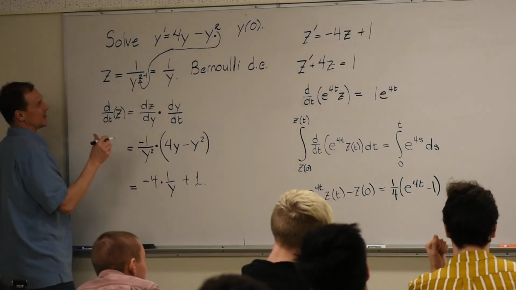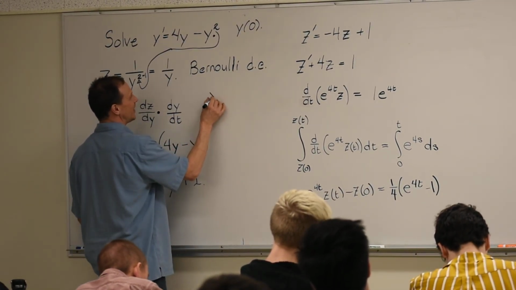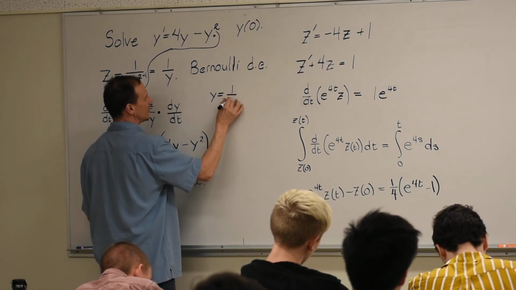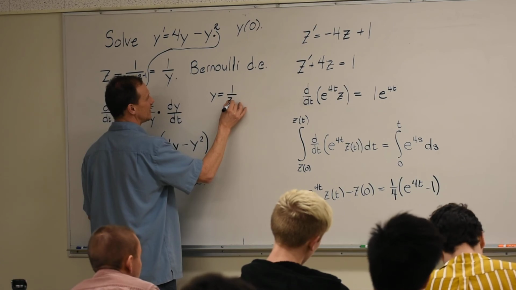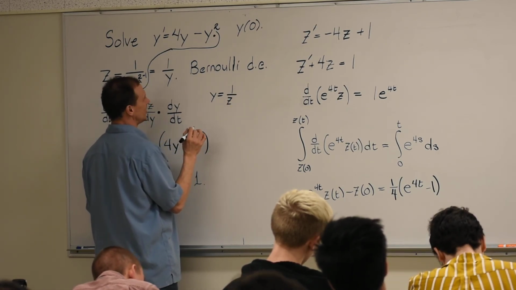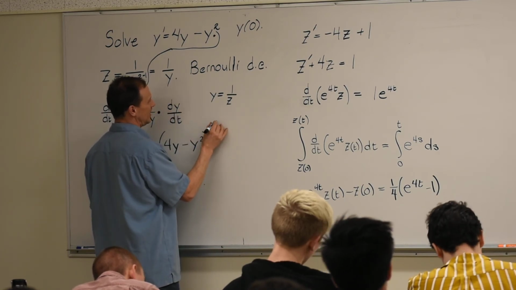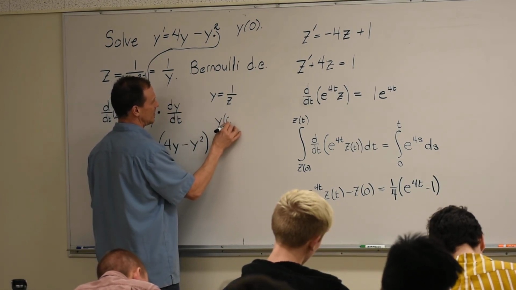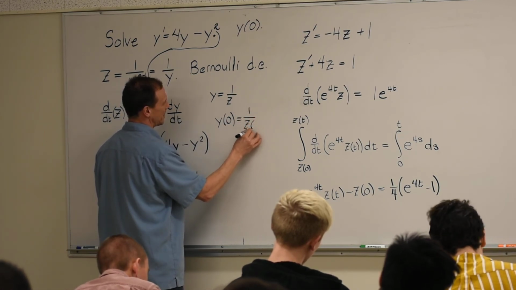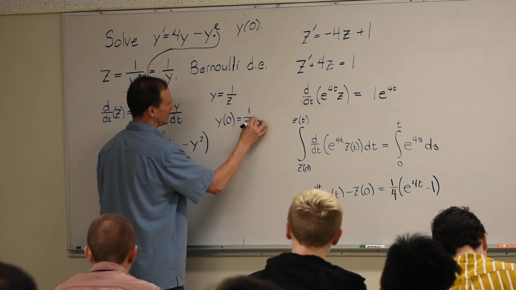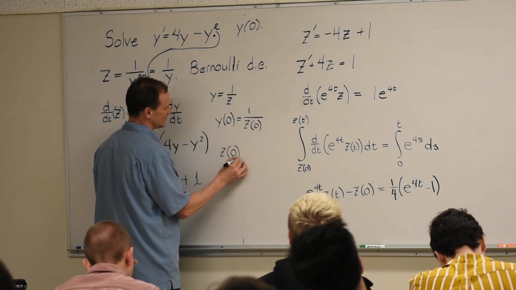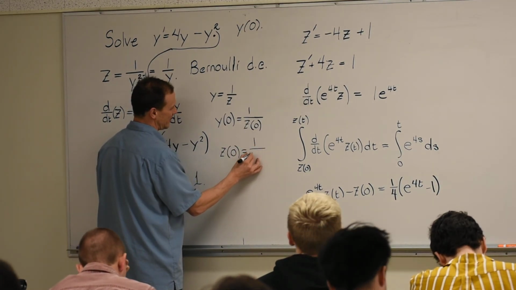Oh, yes, let's go on here. y of 0. See, if I have y is 1 over z. Did I do that right? I don't remember. y of 0 is 1 over z of 0, or you can say that z of 0 is 1 over y of 0.